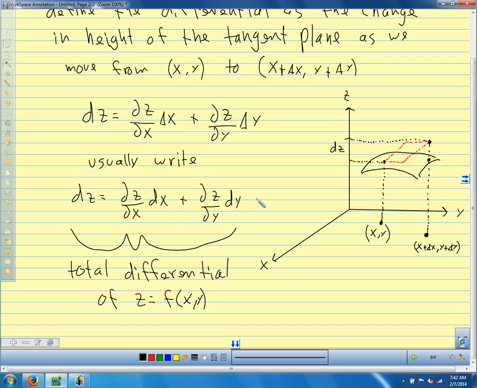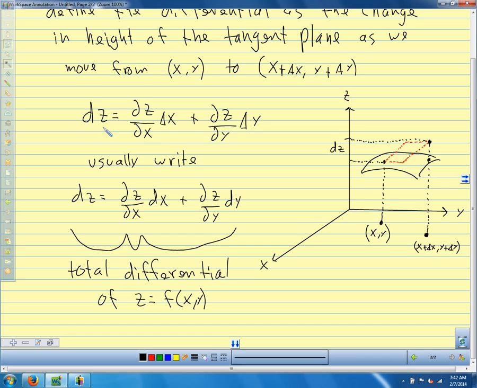As delta x and delta y get smaller and smaller, our linear approximation is a closer and closer approximation to the change in the function from one point to the other, and dz, our differential, is approximately equal to delta z, the increment.